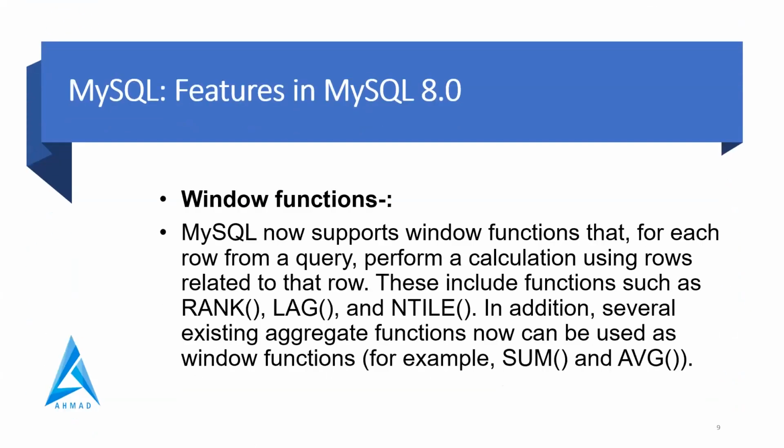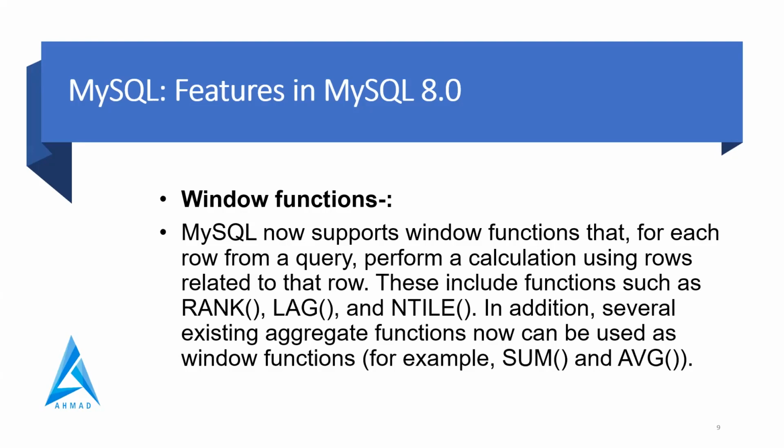Another important feature is window functions. MySQL version 8 now supports window functions, which perform a calculation for each row of a query using rows related to that row. These include functions such as rank, lag, and ntile. In addition, several existing aggregate functions can now be used as window functions, like sum and average.